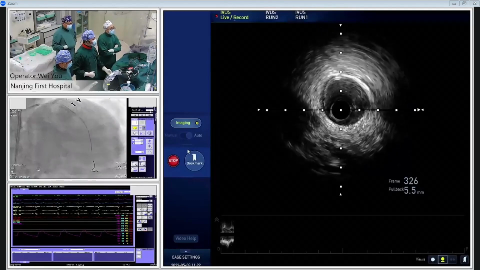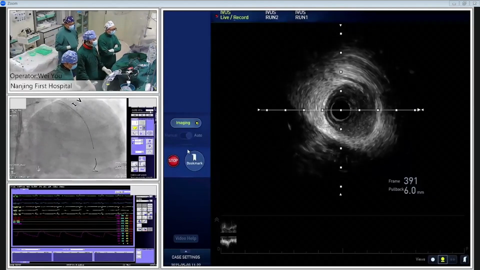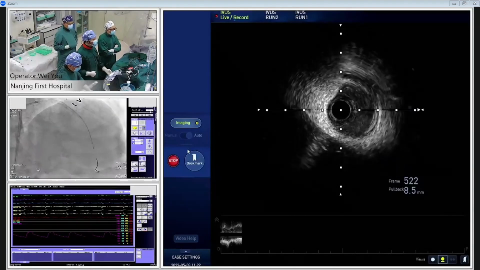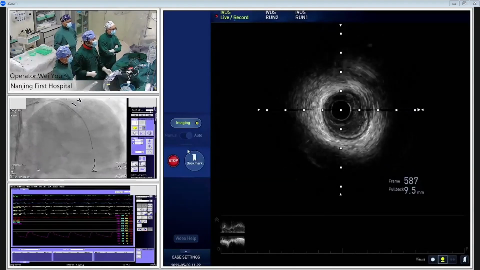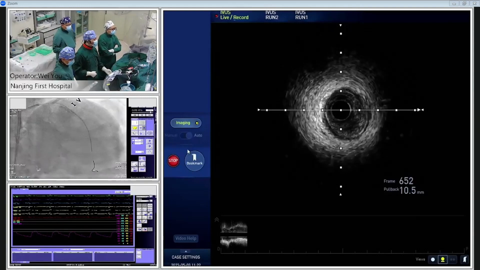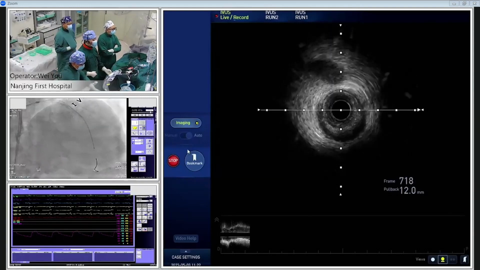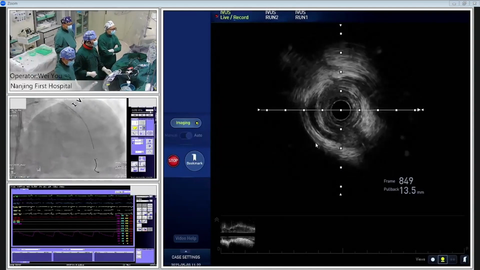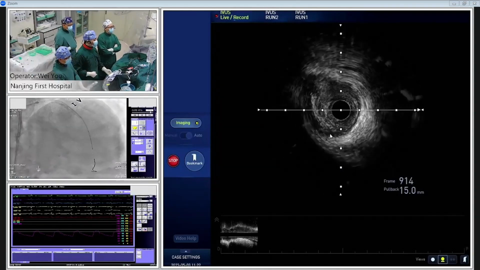So Dr. Pan, you can interpret the IVUS image. This vessel is about 2.75. Here, we see eccentric plaque. One side branch.